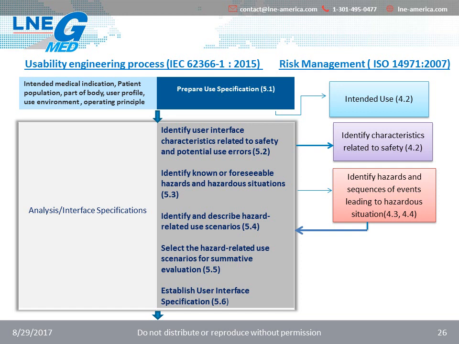Step 4 is to identify and describe hazard-related use scenarios. Step 5 is to select the hazard-related use scenarios for summative evaluation. And step 6 is to establish user interface specifications.